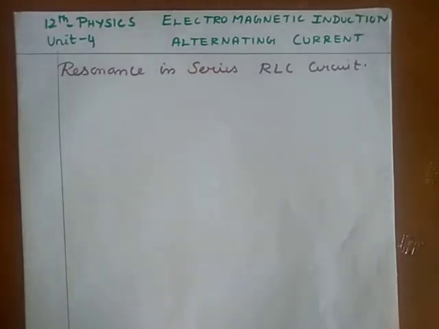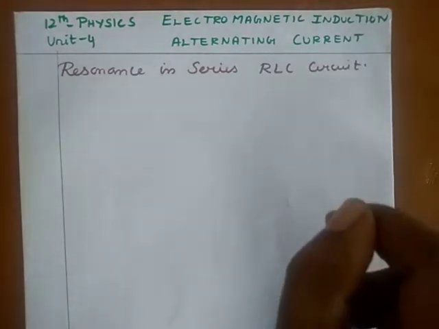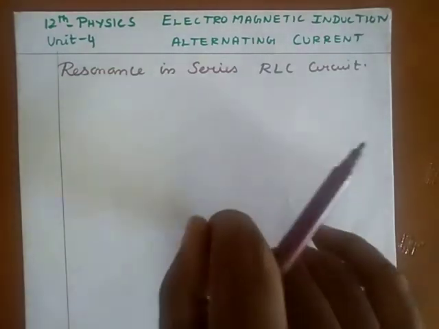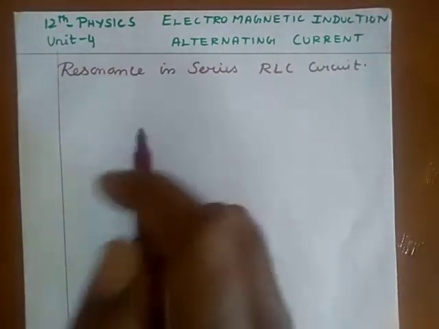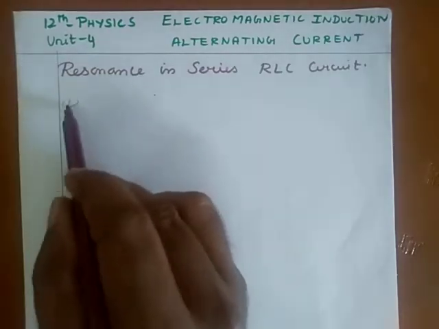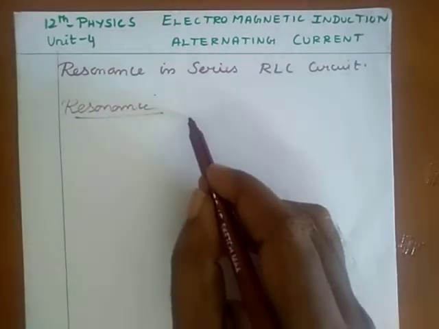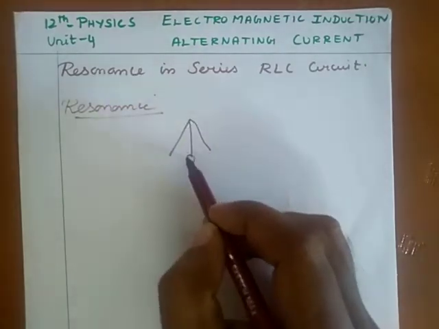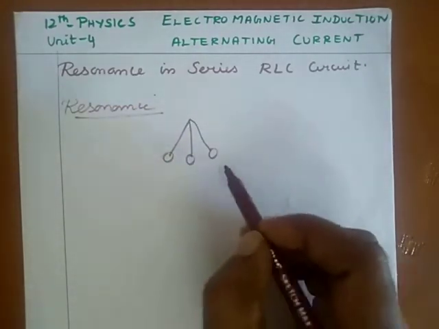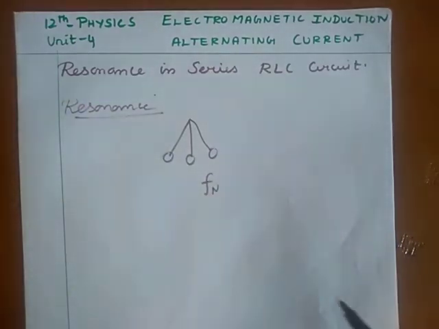We know resonance. In mechanics, resonance is a condition in which an object or system is subjected to an oscillating force having a frequency that is close to its own natural frequency. Suppose I consider a simple pendulum, oscillating with a definite frequency, Fn, the natural frequency of the simple pendulum.